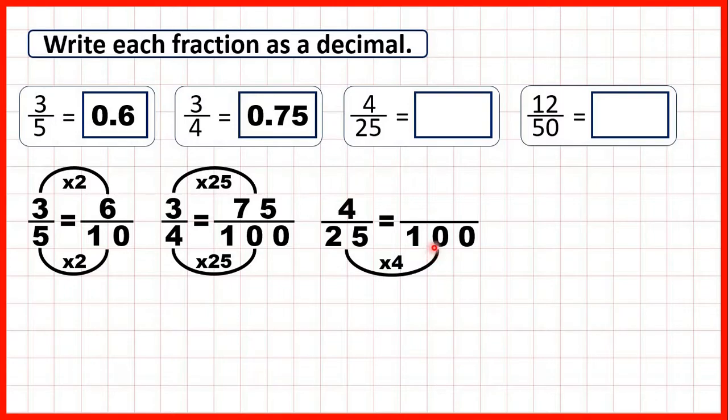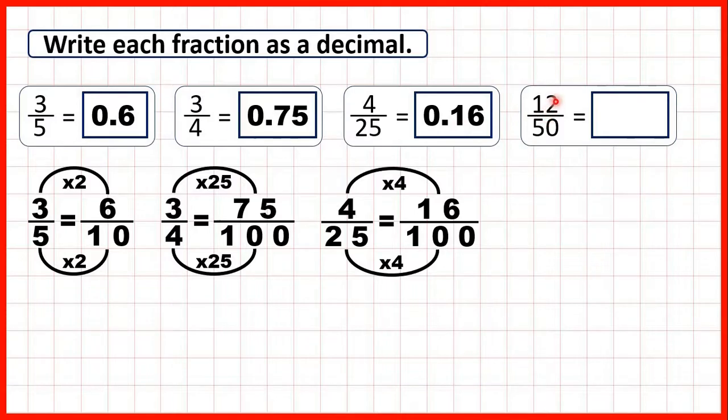What we do to the denominator, we do to the numerator as well, and 4 times 4 is 16. So the denominator of 100 tells us that we need 2 digits after the decimal point, so we write 16 hundredths as 0.16, so the 1 gets moved over to the tenths.